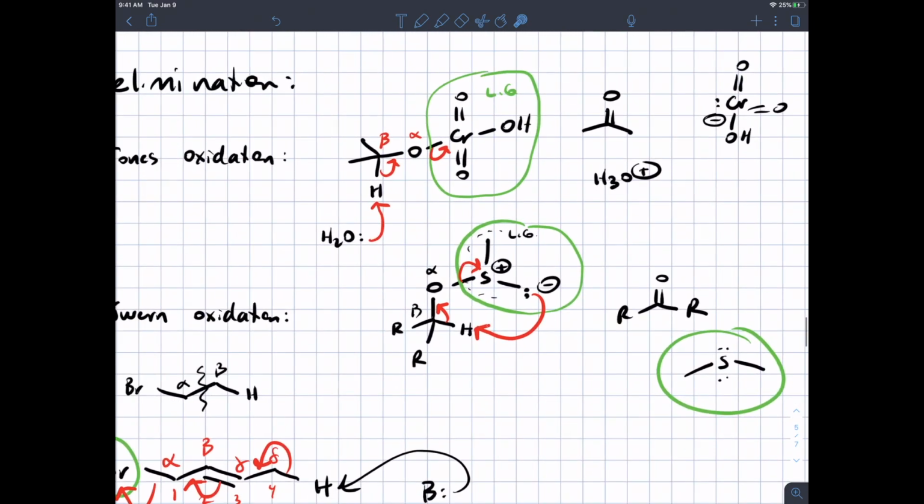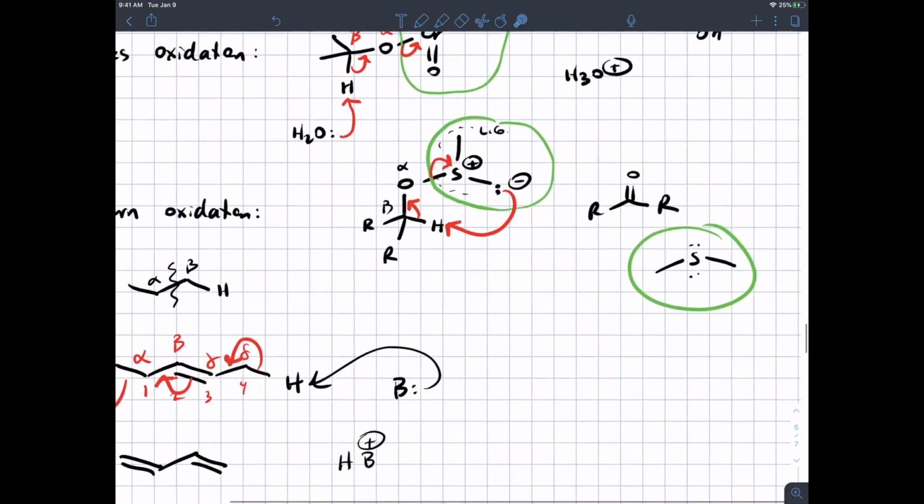How did they get this methyl group here to be negatively charged? Yeah, so you need a base. In the Swern oxidation, let's see. I want to get my notes.